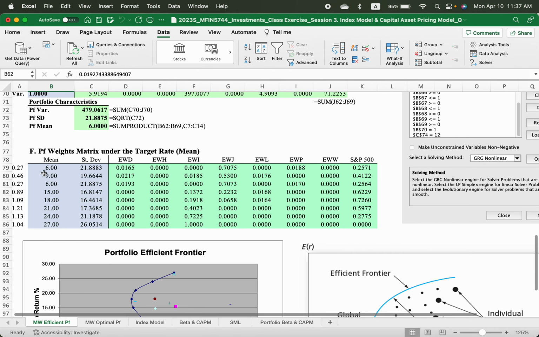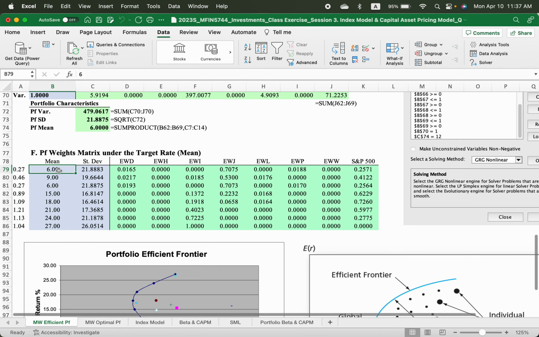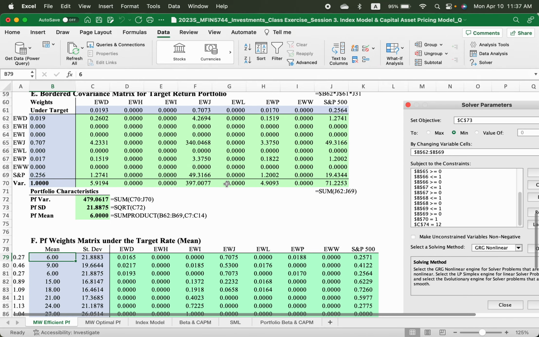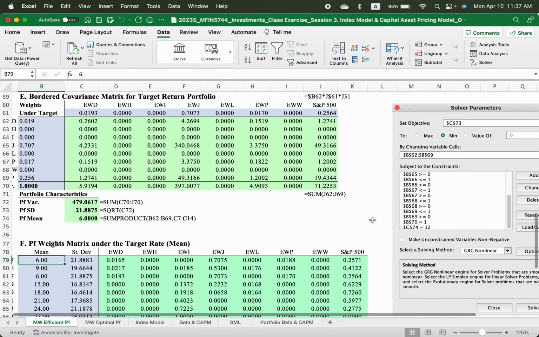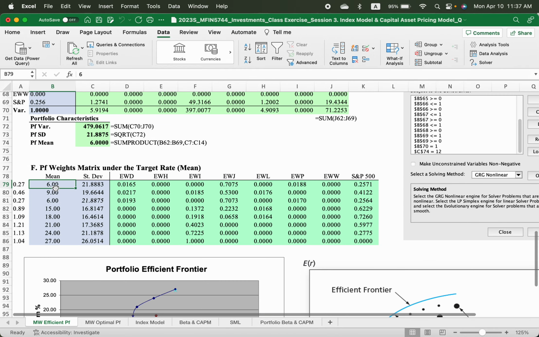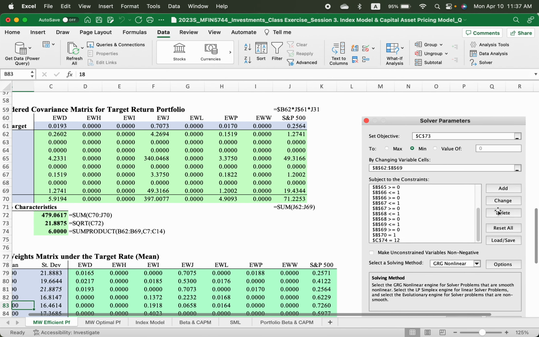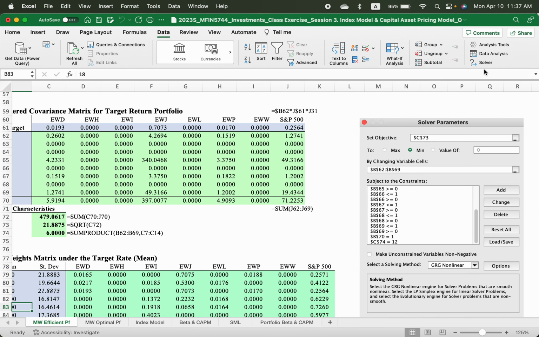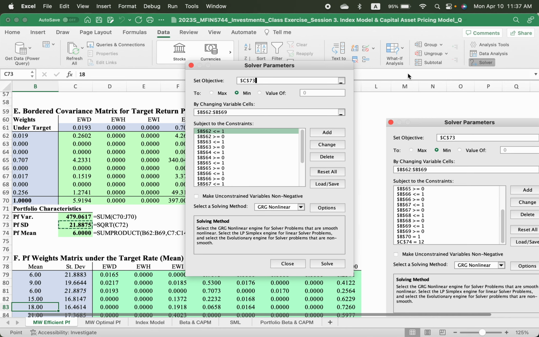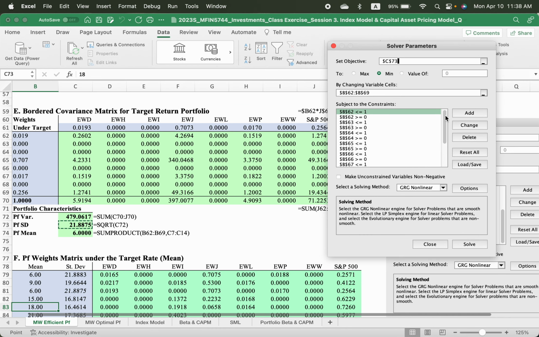So likewise, we have these cases when the mean is 6, 21, and so on, right? But here, if we have a different formula, the combination for 9% or 6% mean or 8%. So likewise, we can also set this in the Solver parameters. So if we set here, I'm changing this.